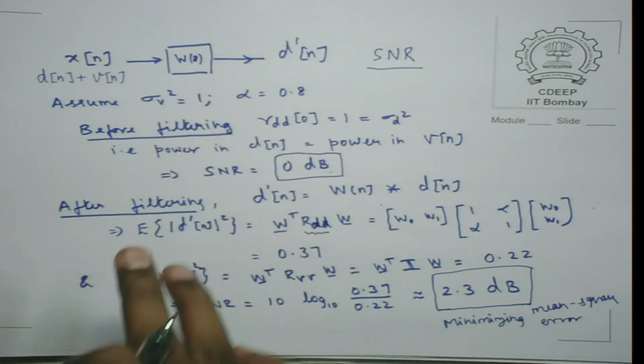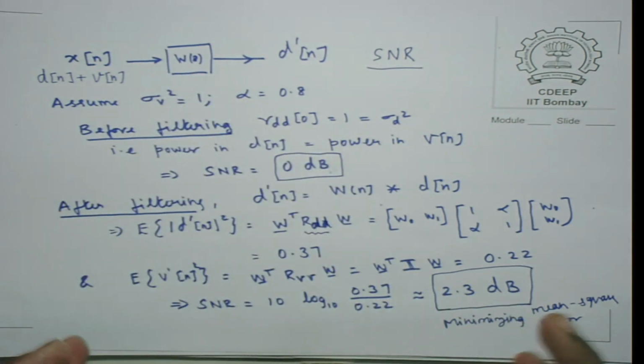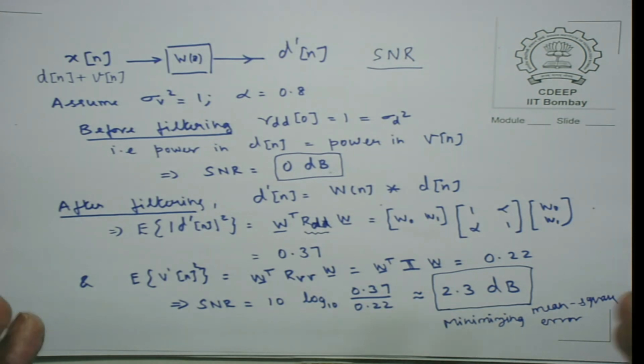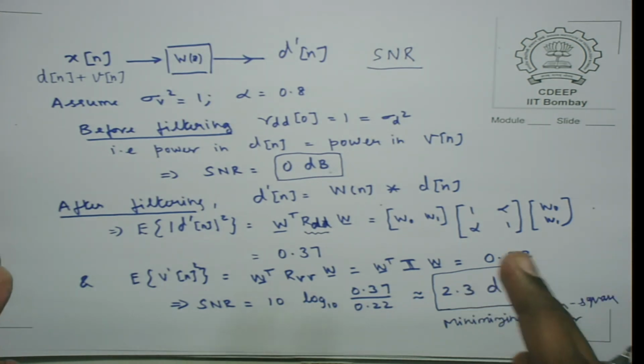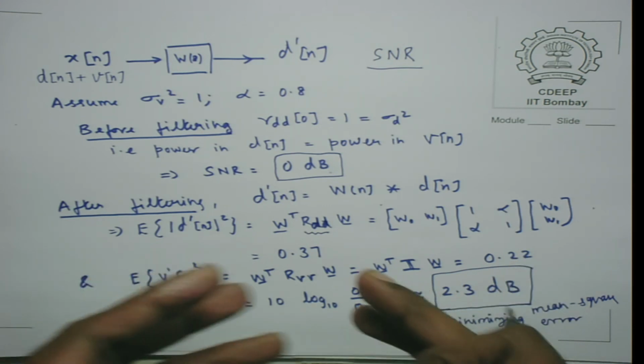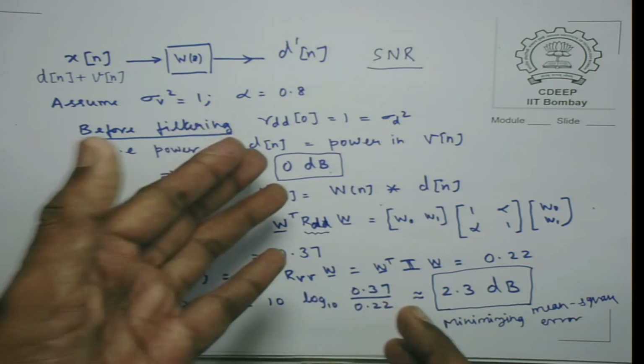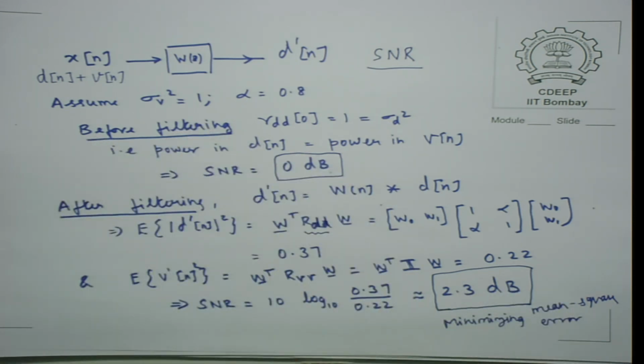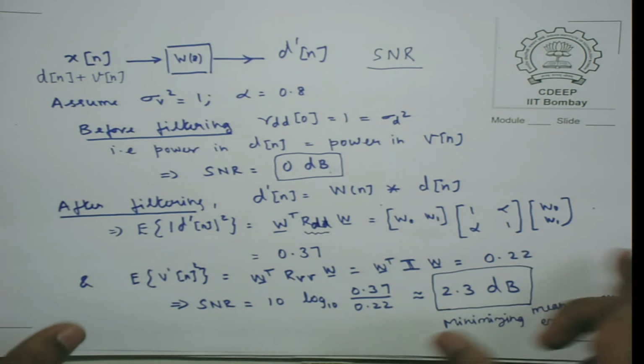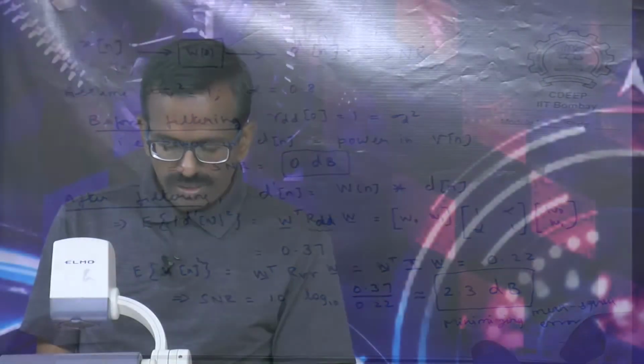So hopefully this example has given you some idea about how to use an FIR Wiener filter to do something more practical, as simple as filtering to remove noise. We are convinced that it leads to an improvement in SNR. So that finishes what I wanted to say in terms of an example of an FIR filter.